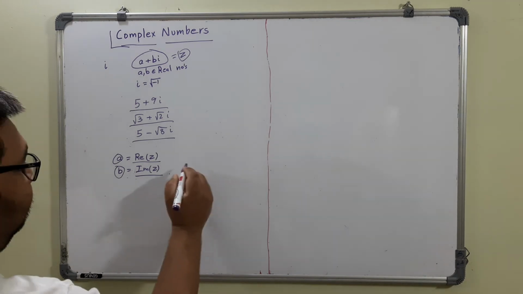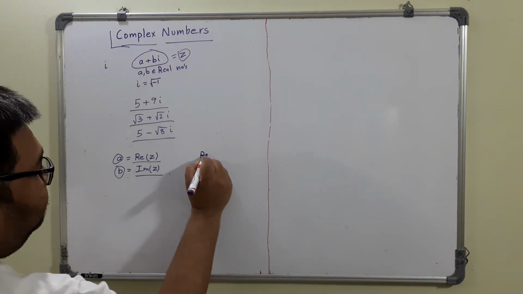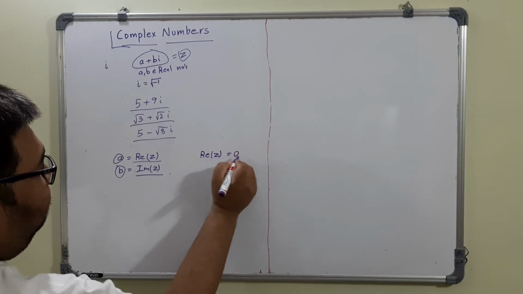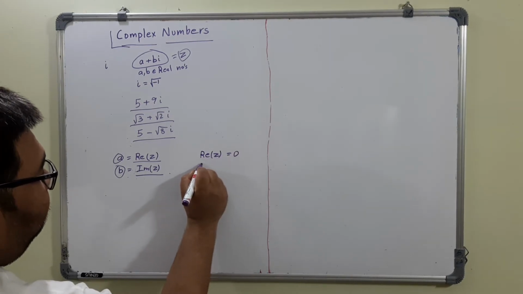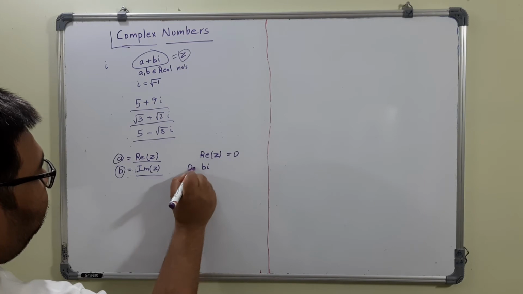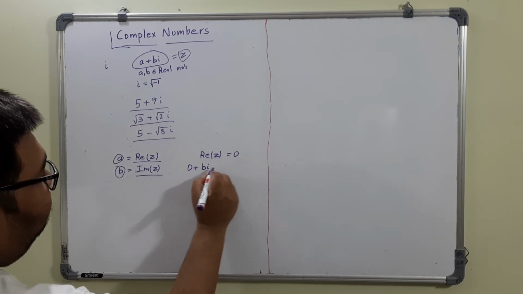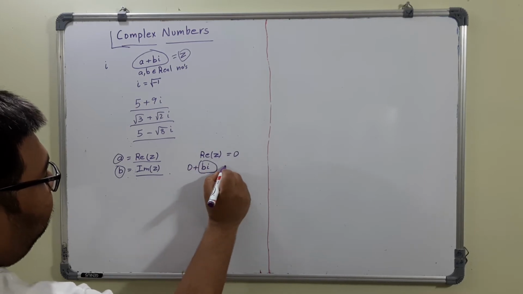When the real part of any complex number z equals 0, then it becomes bi, where z = 0 + bi. Bi is a complex number.